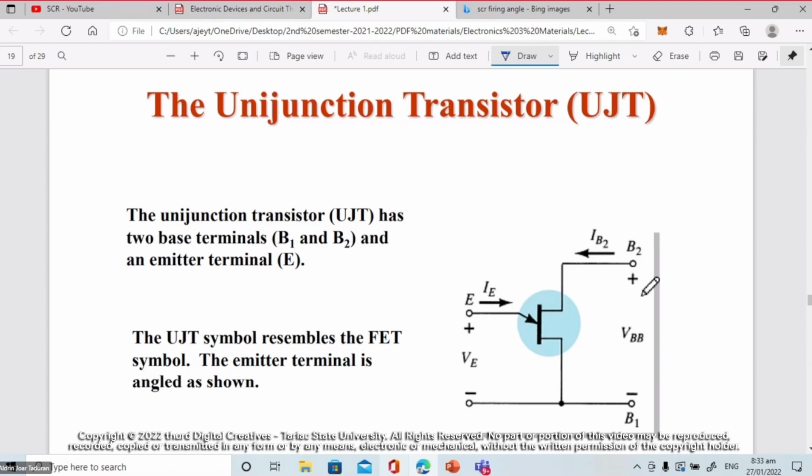Okay, so ito yung typical na circuit symbol niya. UJT symbol resembles katulad siya ng FET. Okay? Pero ang terminal lang natin doon, kung doon sa FET natin kasi source, drain, tsaka gate. Dito sa UJT natin, ang terminal natin is emitter. Okay? Emitter yung control natin dito. Ayan o, control.